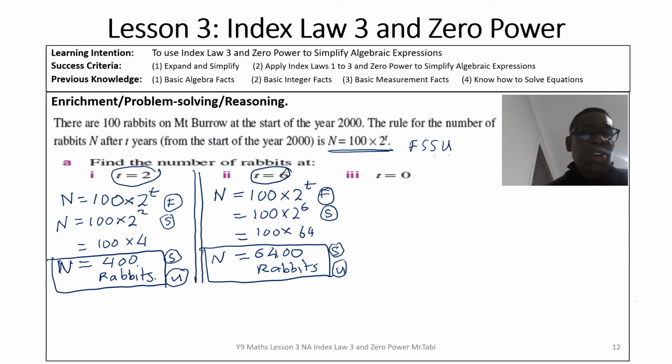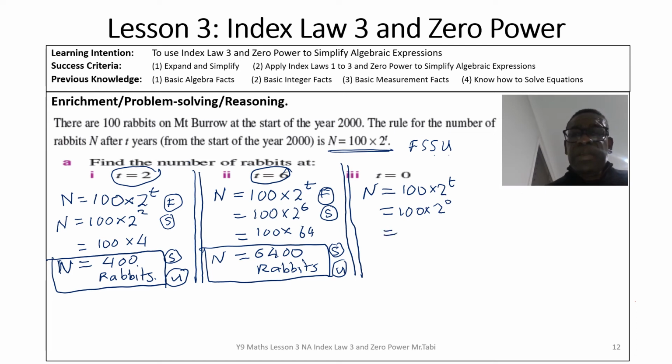Right, t equal to 0. Again, write the formula. Let's do the substitution. Let's simplify. 2 to the power 0 is 1.